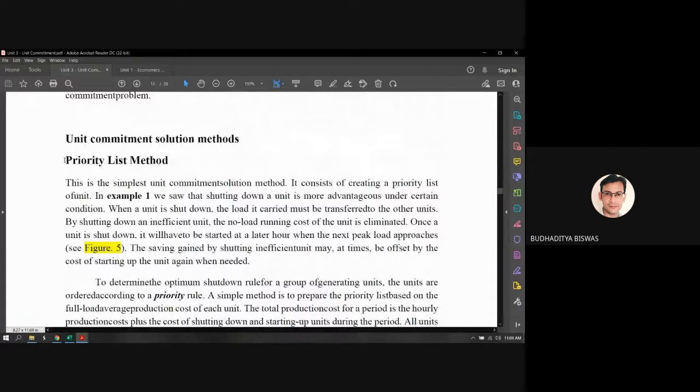One is called the priority list method. Based on the priority, obviously some pre-criteria are there. So based on this, we can select which unit is committed to generate the electricity to meet the load demand. But there are also some limitations. If the number of units is very big, then this method is not applicable.